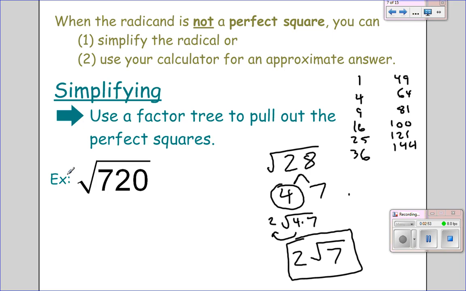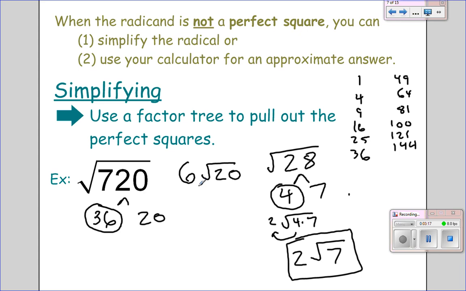So now let's look at 720. Let's find a perfect square that goes into it. Well, looking down my list, very easily I can see that 36 goes into it, and that's going to be 36 times 20. Now 36 is a perfect square. So on the outside I'm going to have a 6. And on the inside I'm going to have a square root of 20.